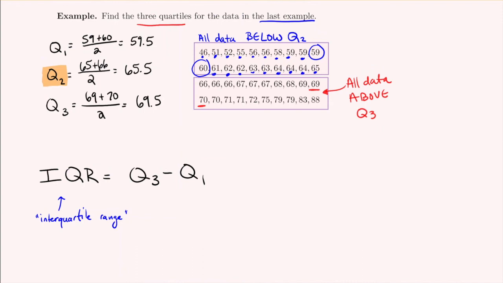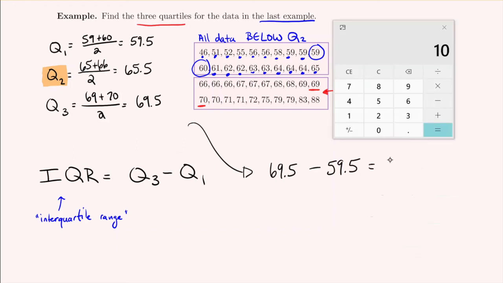Now that we know how to find Q1, Q2, Q3, our three quartiles, let's introduce one more definition. The IQR, which is an acronym for the interquartile range, can be found by taking Q3 minus Q1. So for our example above, the IQR here would be found by taking our Q3 value of 69.5 minus our Q1 value of 59.5.